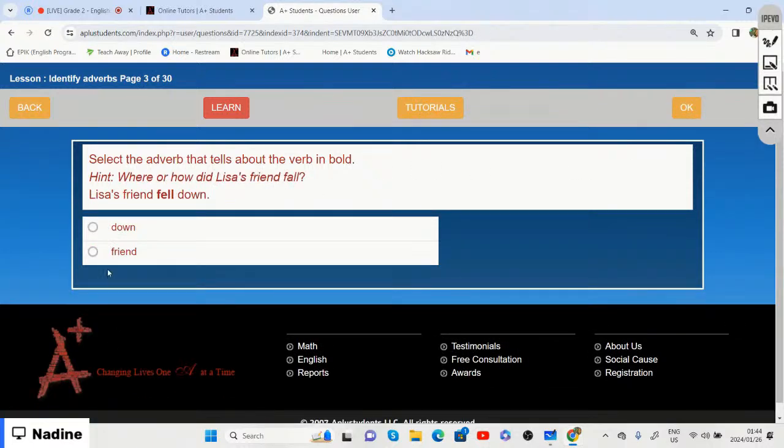So where or how did Lisa's friend fall? Lisa's friend fell down.